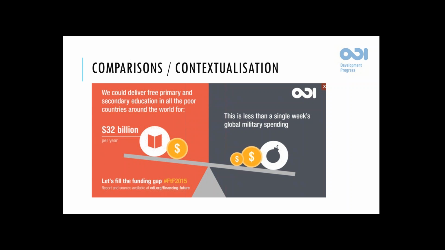And we really wanted to put that amount into perspective, because $32 billion per year sounds like a lot when you say it, just as a figure. So we compared it to the globe's military spending and found that it was actually less than a single week's global military spending. So again, this helps readers contextualize information that they might otherwise not be able to fully grasp.